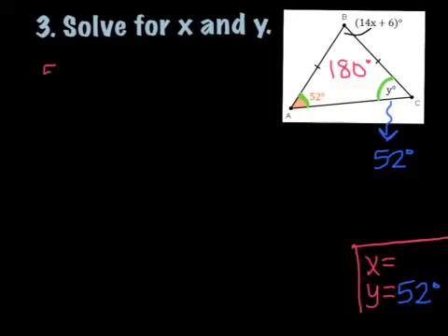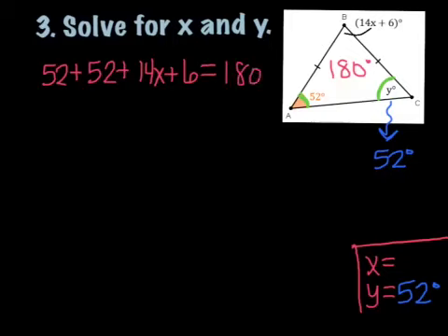So we know that 52 plus 52 plus 14x plus 6, all 3 of those angles have to equal 180. Now we just have to solve this equation. So we have 14x. We need to combine our like terms. So 52 and 52 is 104. 104 plus 6 is 110.